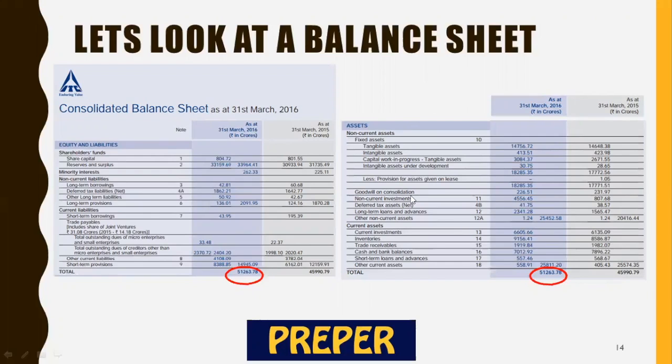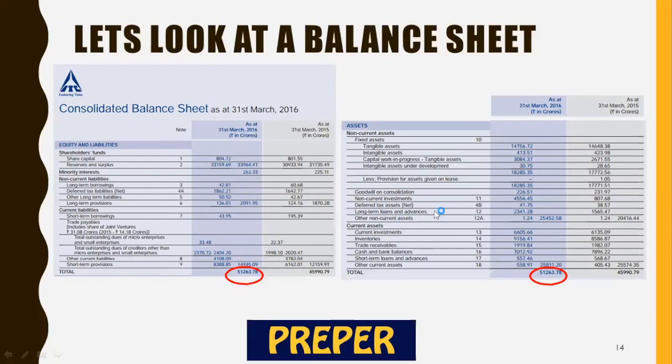Goodwill on consolidation, we have already discussed, comes when a company makes an acquisition. Non-current investments, deferred tax assets are similar to deferred tax liabilities, but these are essentially the obligations that the tax authorities owe to the company, and that's why it comes in the assets. Long-term loans and advances.